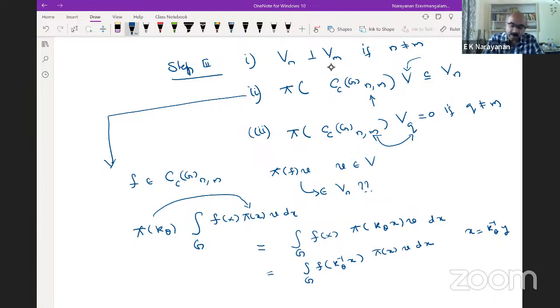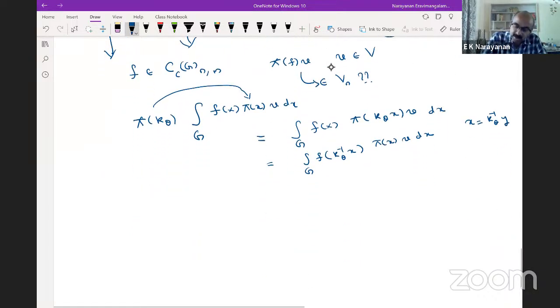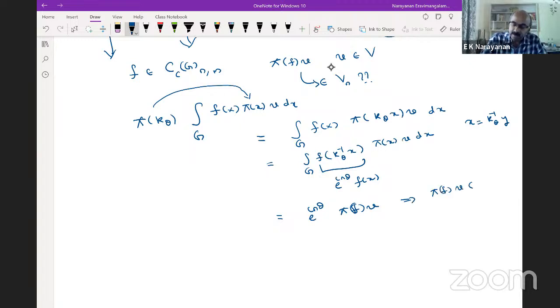But then f comes from this space, and so that n should come out. So this is nothing but e to the in theta f of x. So this will be e to the in theta into pi f v. And so pi f v will be in the correct space, in Vn. That is what we wanted.